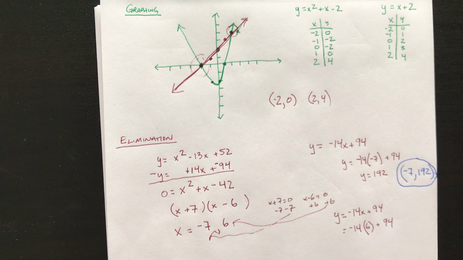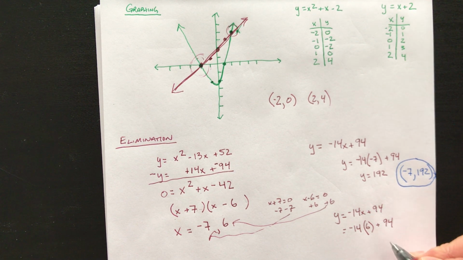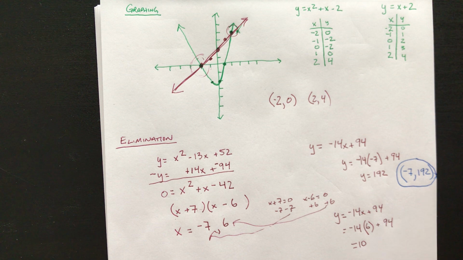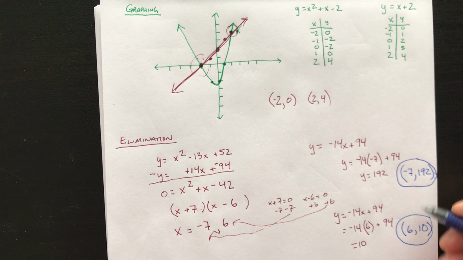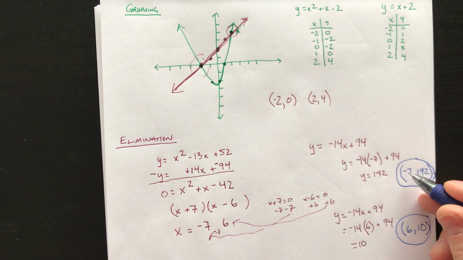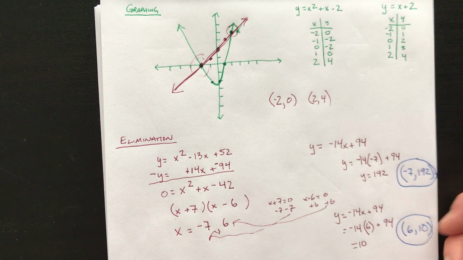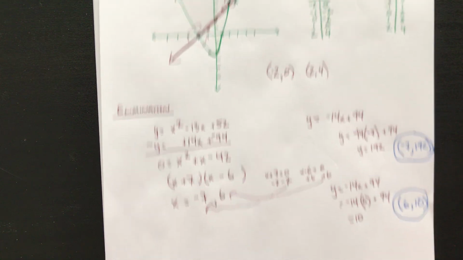Negative 14 times 6 plus 94, I got 10. So my next solution, there are my two solutions. All right, negative 7, 192, and 6, 10. That's the elimination method.